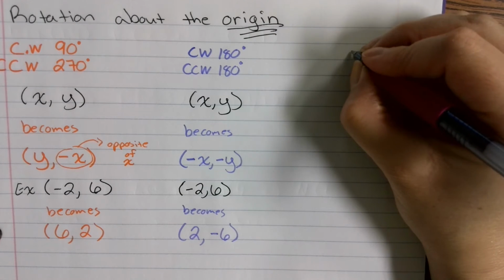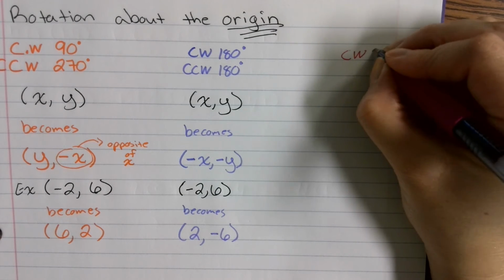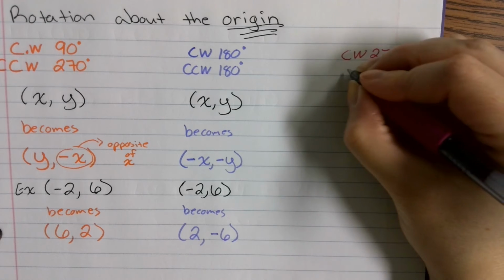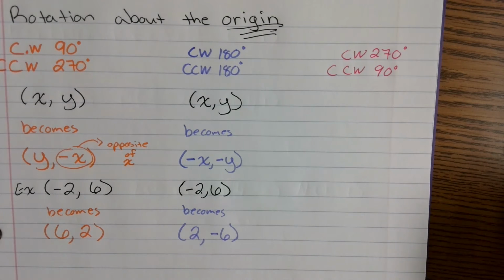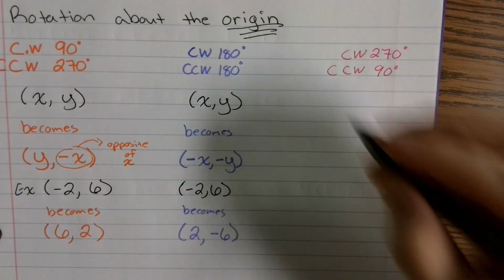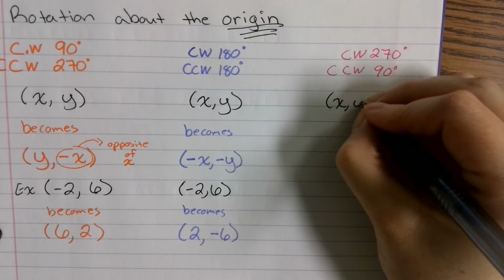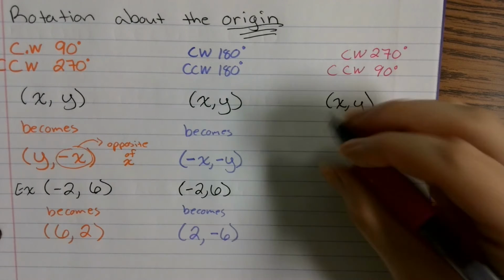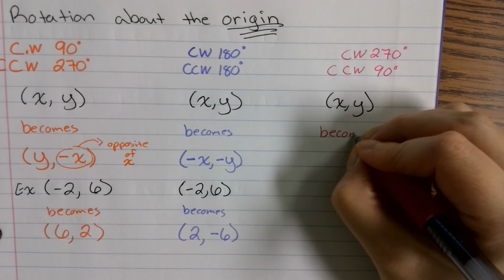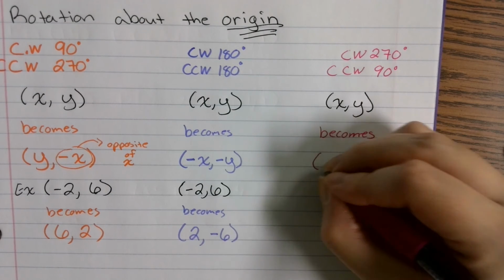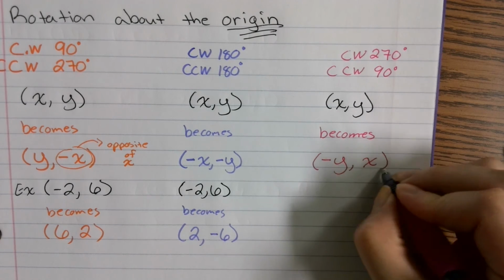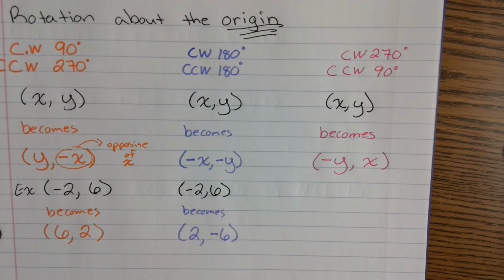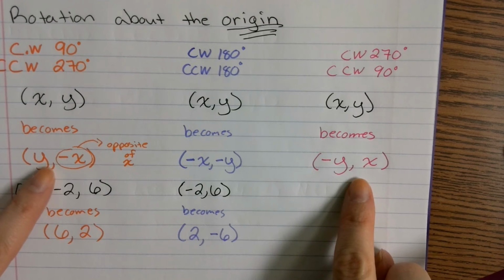Okay, and then if we've got clockwise 270 degrees, that's the same thing as counterclockwise 90 degrees. So starting with the point x, y, the rule indicates that it then becomes the opposite of y, and then x. Notice that these two are very, very similar, aren't they?